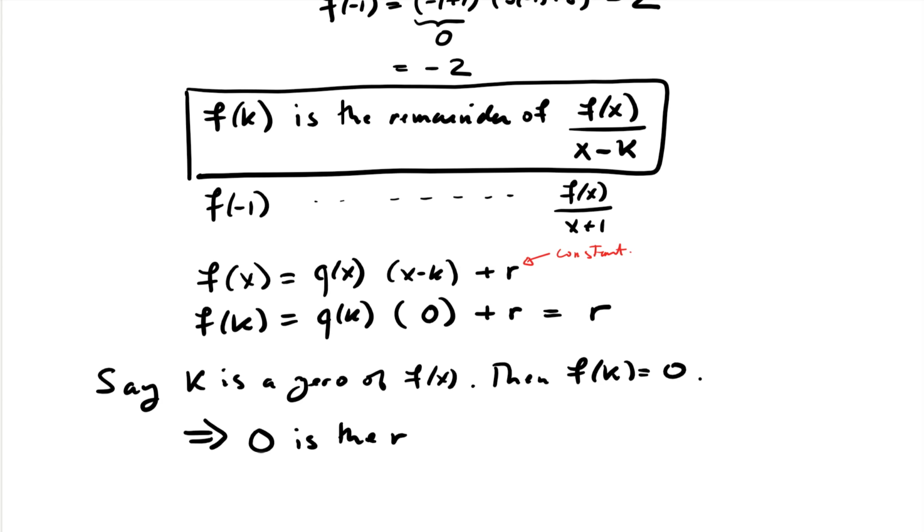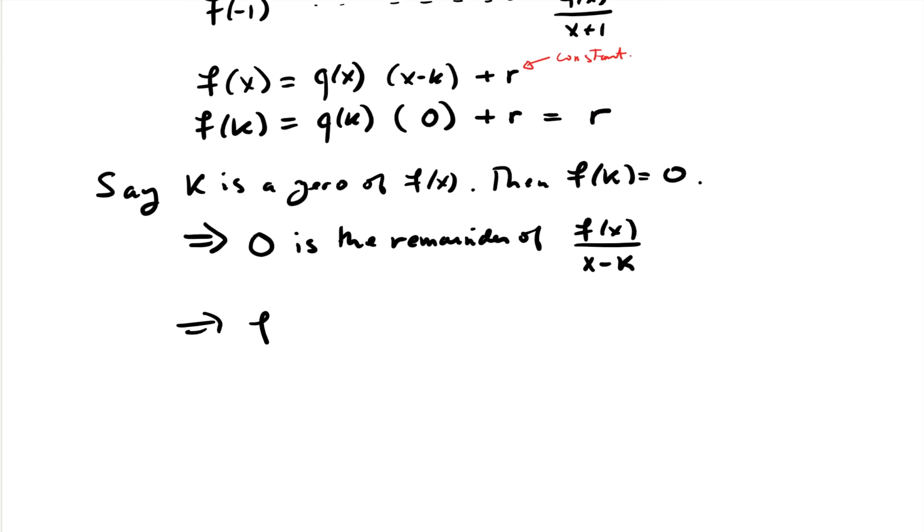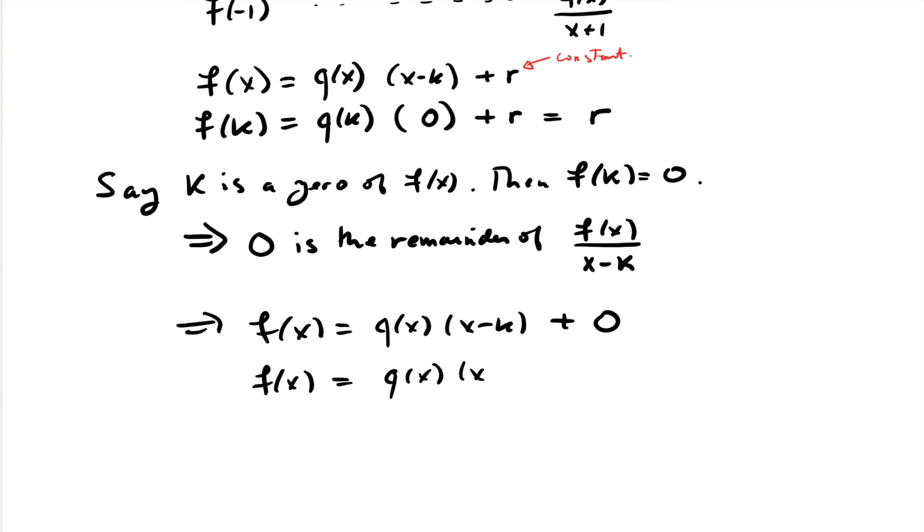So if f of k is 0, it means 0 is the remainder of f of x divided by x minus k. So that's going to mean that f of x is equal to some quotient times x minus k plus a remainder of 0. So in other words, f of x is q of x times x minus k, q of x being a polynomial, right? So what we get from this is that x minus k is a factor of f.